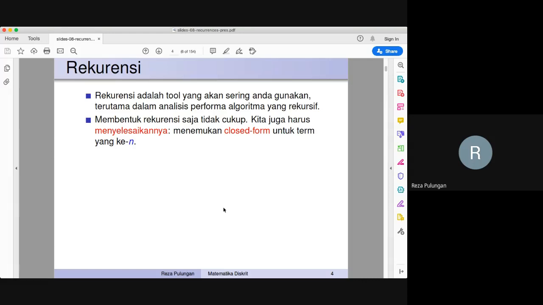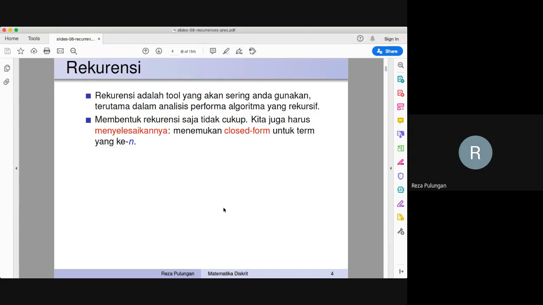What does it mean to solve it? Solving a recurrence means to find a closed form solution of the nth term. Most of the time, we can find the closed form solution of the recurrence, which means that we can solve it. But there are also recurrences that cannot be solved, that do not have a closed form solution for the nth term.